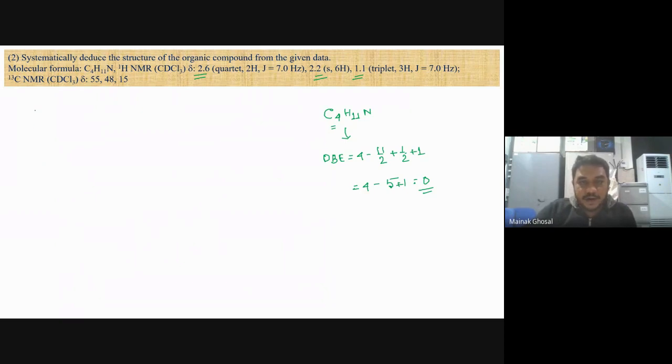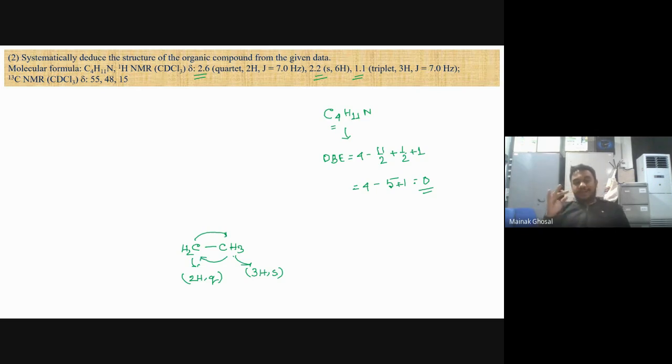Now from this NMR spectra, whatever you can guess. Last day I was talking about the ethyl group, if anybody remembers or was present in the last week's assignment. Ethyl group, what signal do you expect? A 2 hydrogen quartet and a 3 hydrogen triplet. If coupling constants are given, you will see the coupling constants match.